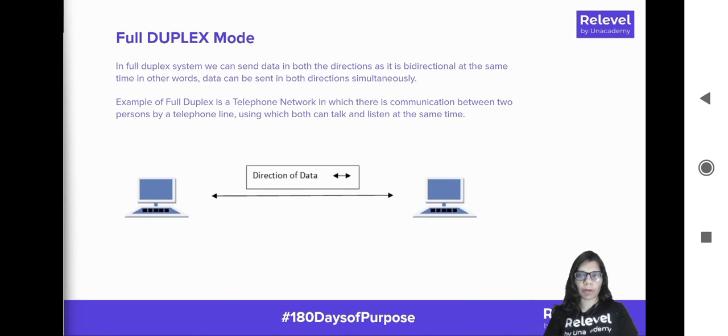Also, there is no dedicated path for data transfer, right? As well as improper channel bandwidth utilization, as there exist two separate paths for two communicating devices. So these are the disadvantages, that the capacity of the communication channel would be divided and the bandwidth of your channel would be improperly utilized, just because now it has two separate paths. I hope this is clear to you, what the use cases, advantages and disadvantages of full duplex mode are, right?